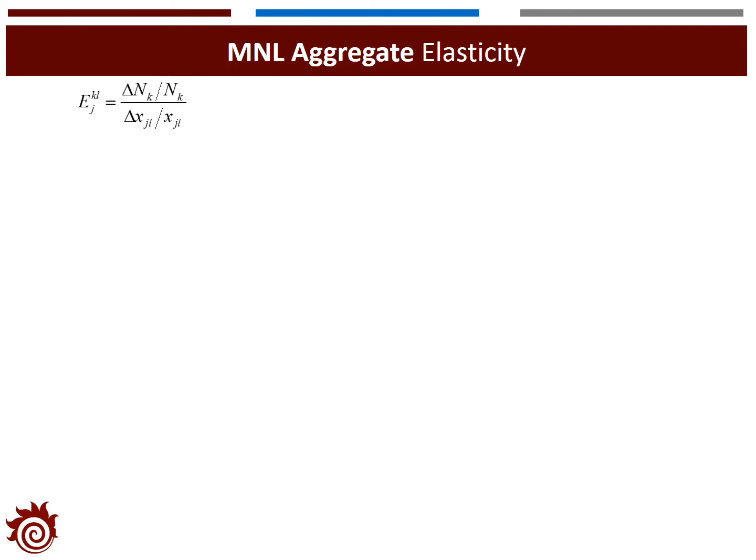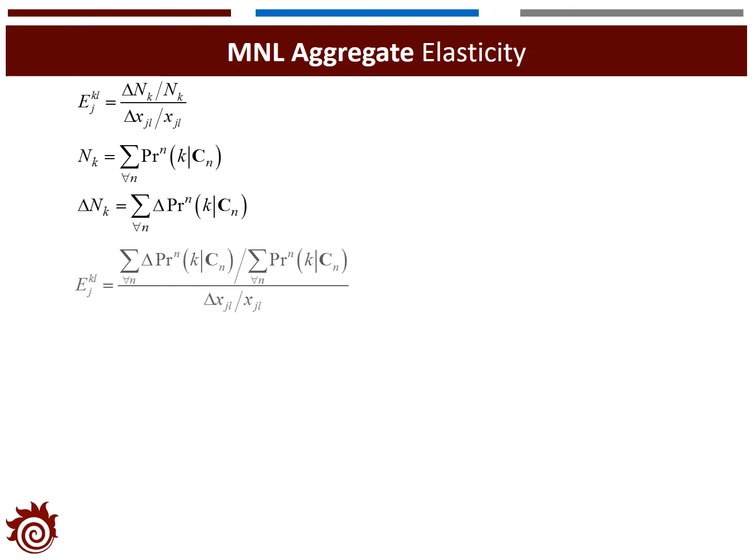Now let's try to find the relationship between the aggregate elasticity and the choice elasticity. First, from the definition of N_k, we can find that it is just a summation of the probability of taking alternative k over all the individuals, and delta N_k would be a summation of delta probability k. Then the aggregate elasticity can be rewritten in this equation.